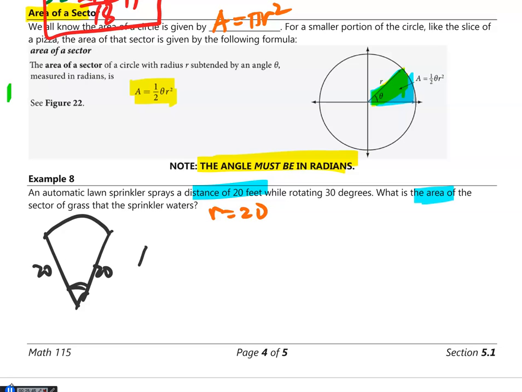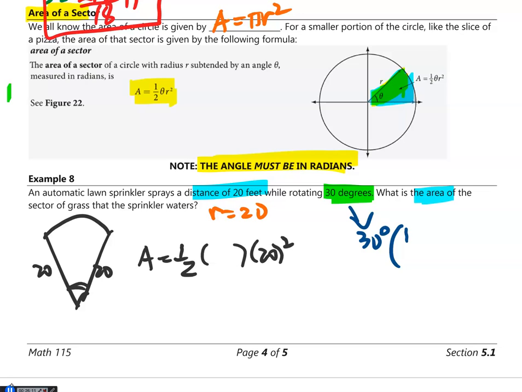The formula is 1/2 times the angle times r squared. R squared is 20 squared. But what is our angle? We have 30 degrees, and remember, it must be in radians, so we need to convert this. We multiply 30 degrees by pi over 180 degrees, and 30 over 180 is pi over 6.